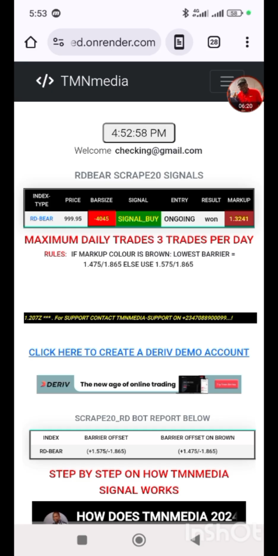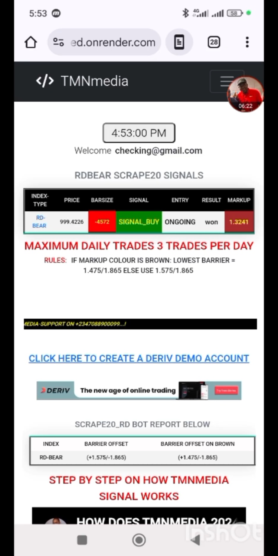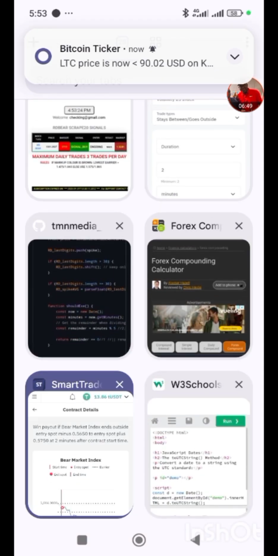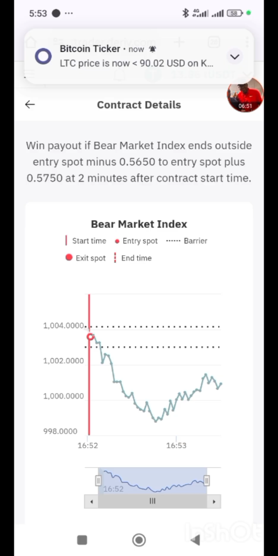The trade has been won already. For goes outside, normally it will give like 5% or something. Because it is still above 1,000, it gives maybe 4.5%. So right now, that's the reason why I'm trading this one.